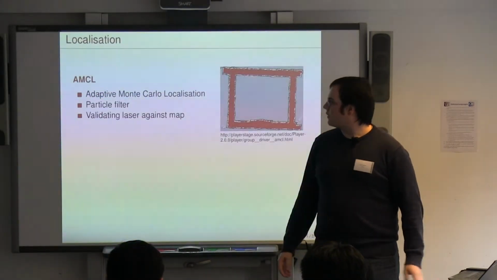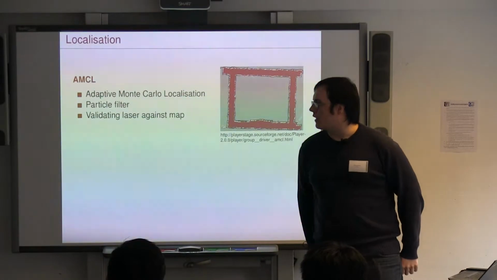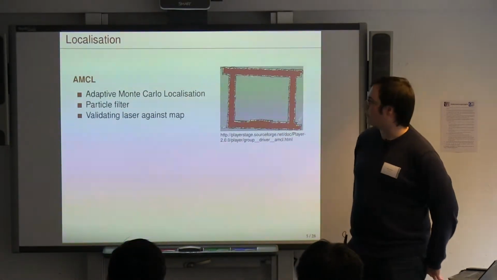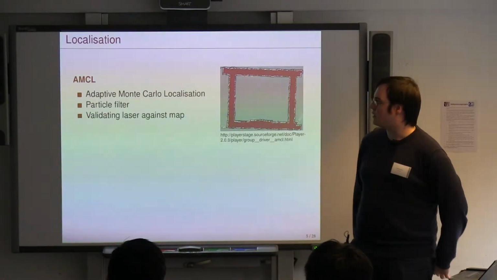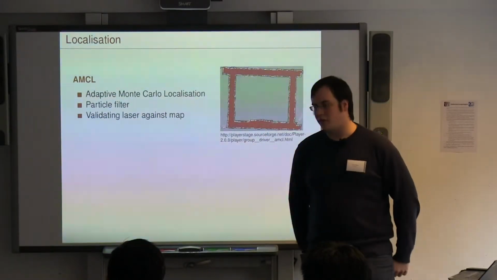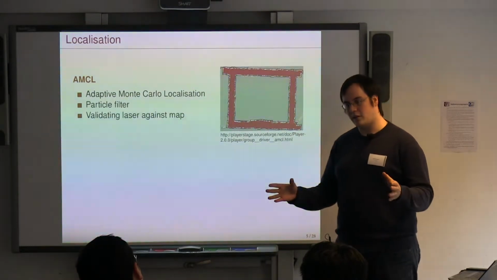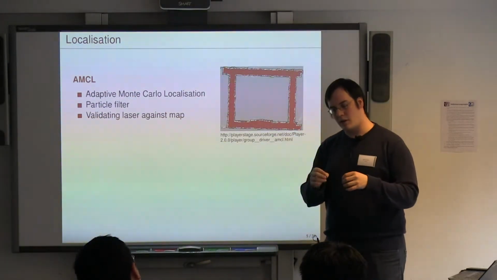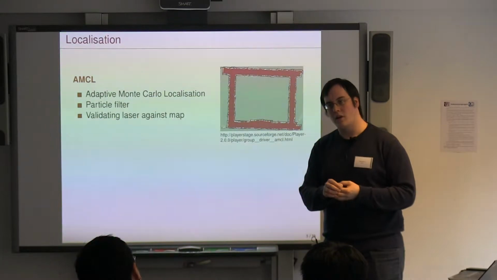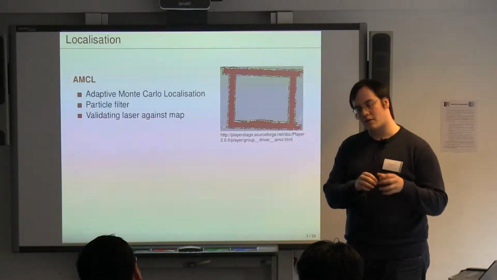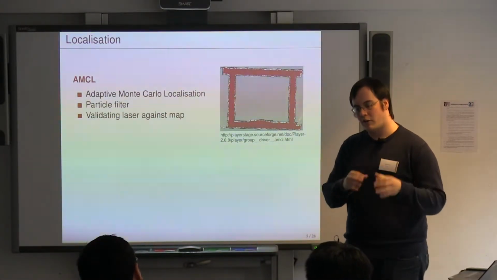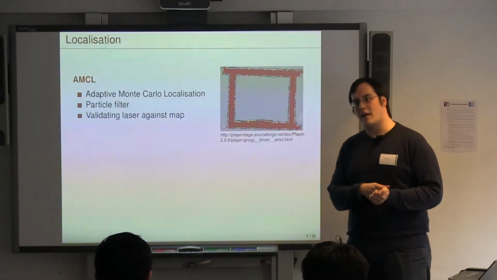So the localization comes now. We're using AMCL for localization, which stands for Adaptive Monte Carlo Localization, which is a particle filter. It has a lot of particles, and for each particle it assumes that this would be the pose, and then checks how probable that is by verifying the laser data against the map.